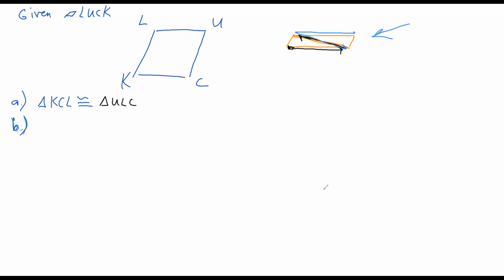So what if, let's do this. Let's solve for x if the measure of angle KCU is 10x minus 15. And we also have the measure of angle K equal to 6x plus 3.